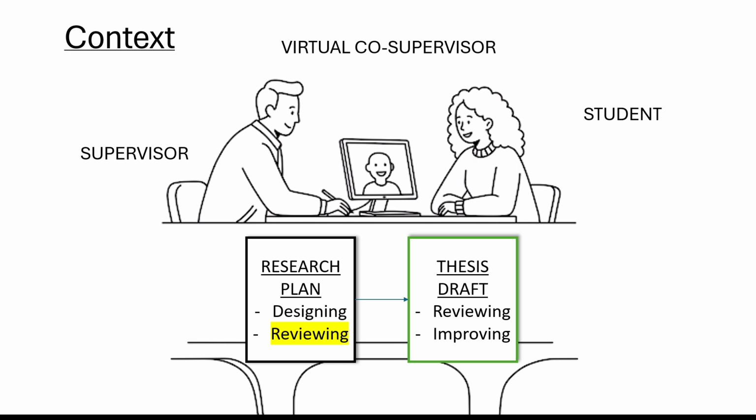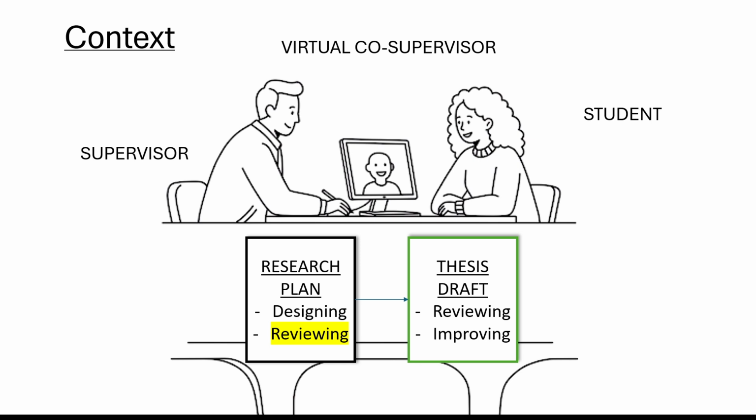So, to put things into context, we have a supervision process. There's a student and there's a supervisor, and now we are bringing on board a virtual co-supervisor, a virtual assistant. So this is REPLEI. We have seen that AI is transforming research systems by improving efficiency, accuracy, and scalability.